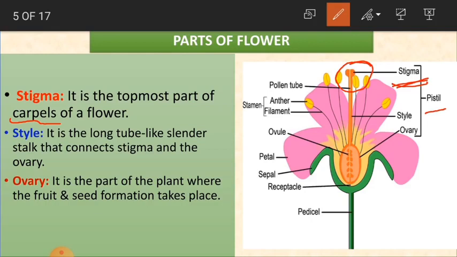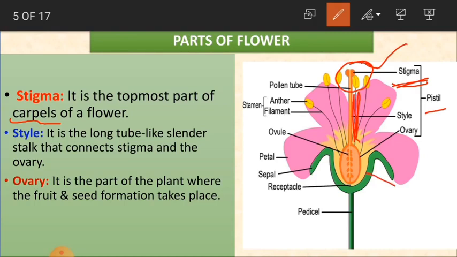What is style? It is a long tube-like slender stalk that connects the stigma and the ovary. So this style is the long tube-type stalk. It is taking support from the ovary and connecting the stigma and the ovary, lying in between these two.